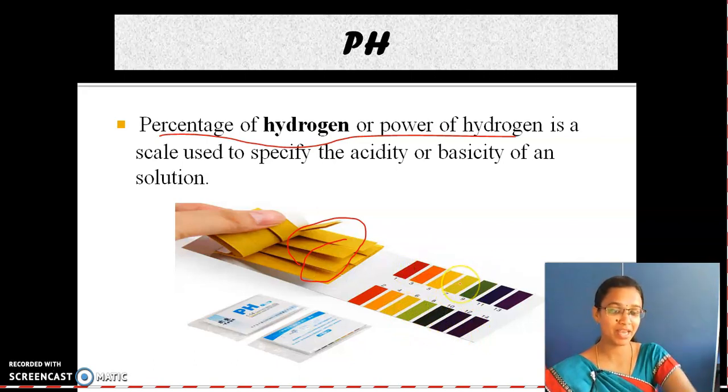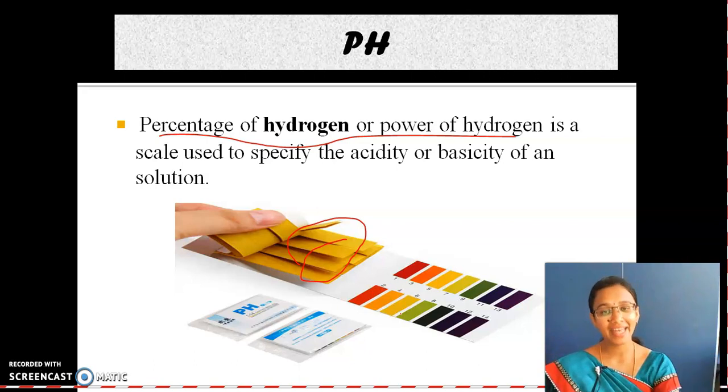For example, the pH value of water is 7, so it matches with this 7. And if you want to know the pH value of lemon juice, take this pH paper and dip it inside the lemon juice.